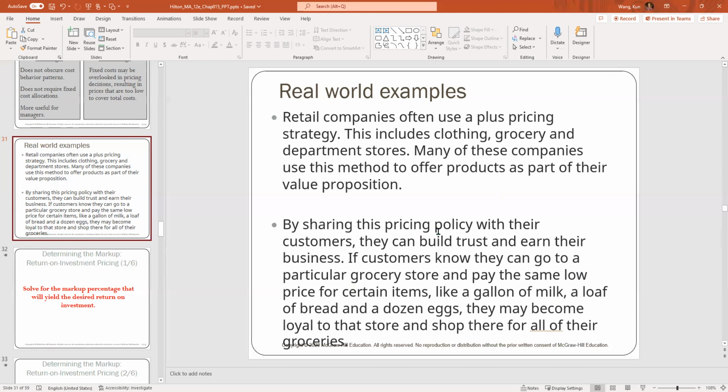By this pricing policy, they can build trust and earn more business. Because, for example, you already established a close link between the customer and some of your inventory items.